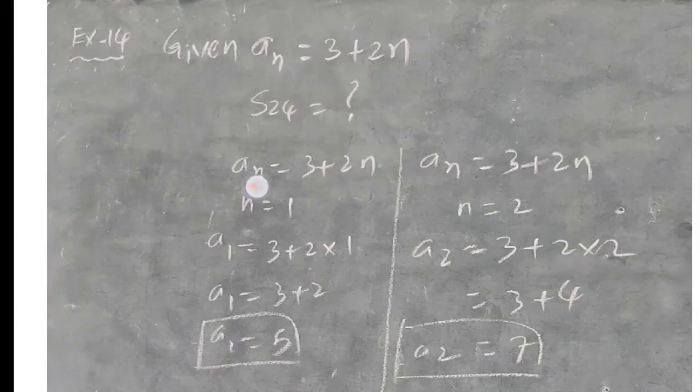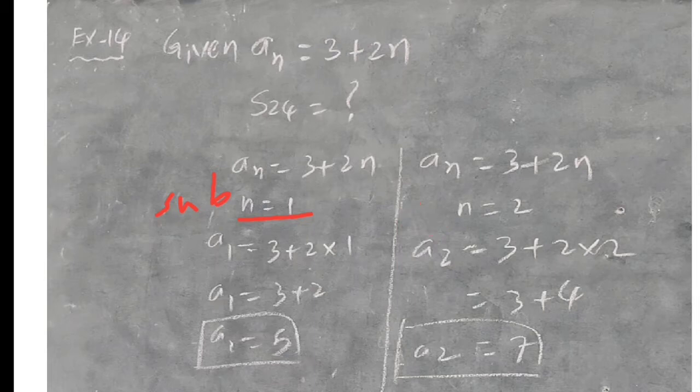Here an equals 3 plus 2n, substitute n equals 1. So a1 equals 3 plus 2 into 1, 2 into 1 is 2, 3 plus 2 is 5. Similarly find the a2 value: an equals 3 plus 2n, substitute n equals 2.